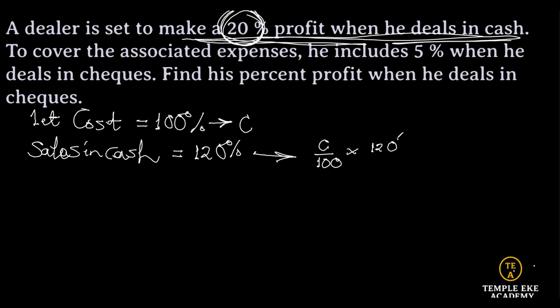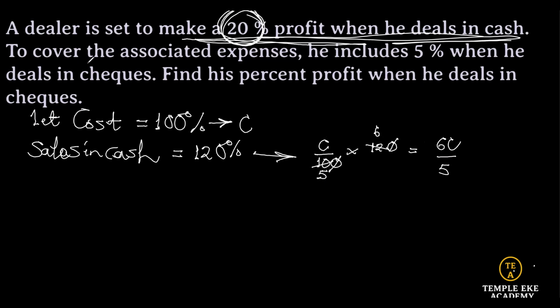The zeros cancel. 2 can divide into 12, that's 6, and 2 can divide into 10, that's 5. So this comes to 6C divided by 5. This is the sales in cash.